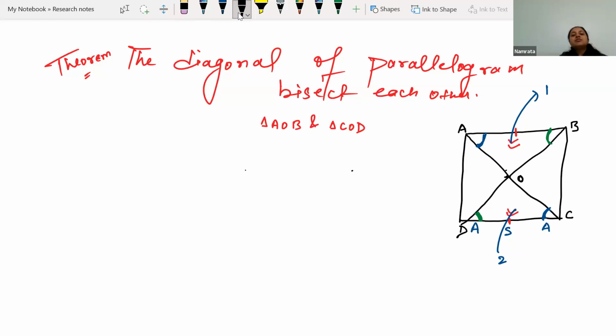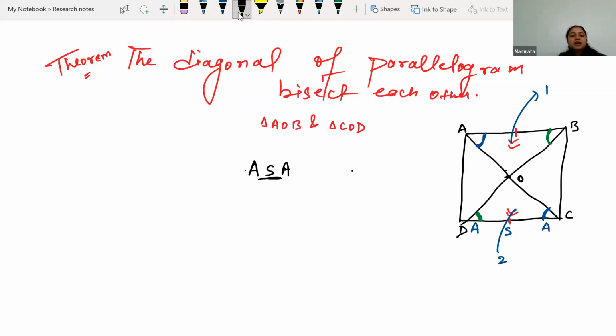So basically, from the congruency criteria, whatever criteria we have, side angle side, angle side angle, RHS, we have to check which angle and which side we will be taking so that any of the criteria will be matching over here. Whatever I have shown, by that only you are getting the angle side angle criteria.